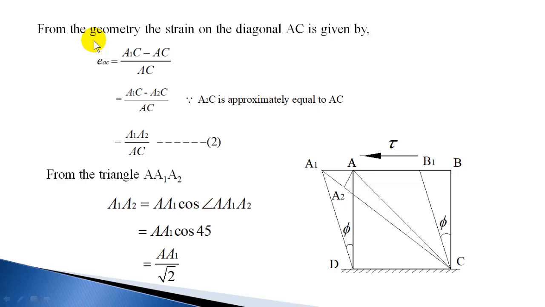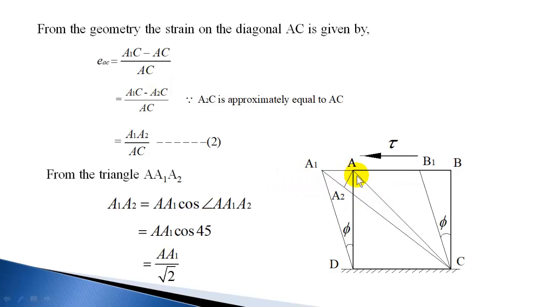Now you can also find out the strain on the diagonal AC as A1C, that is the length after deformation, and before deformation the length is AC. So A1C minus AC, that is the increase in length, divided by the initial length. So that is strain: change in length divided by original length.